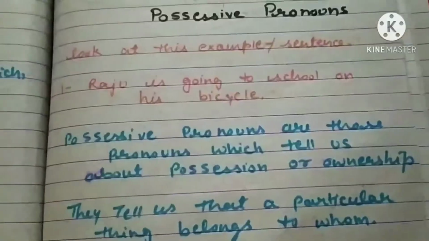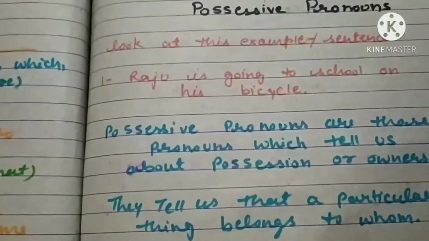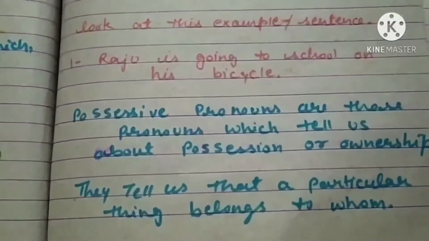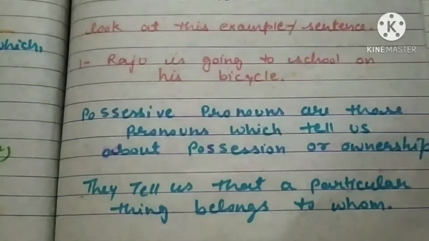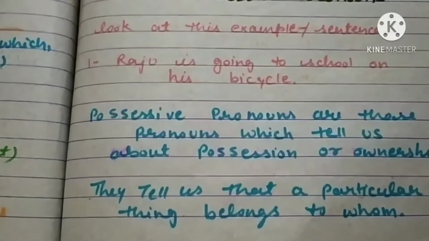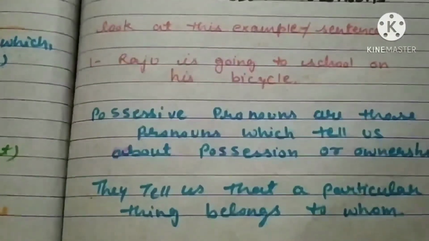Now we discuss the possessive pronoun. Look at this example sentence: Raju is going to school on his bicycle. Possessive pronouns are those pronouns which tell us about possession or ownership. They tell us that a particular thing belongs to whom.